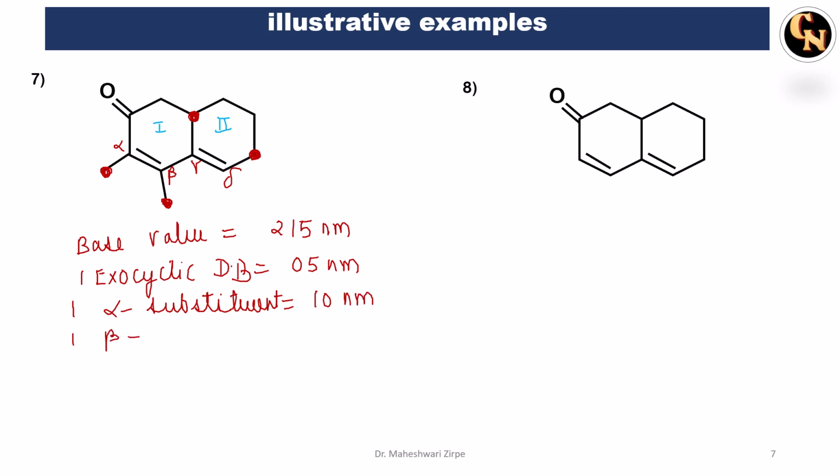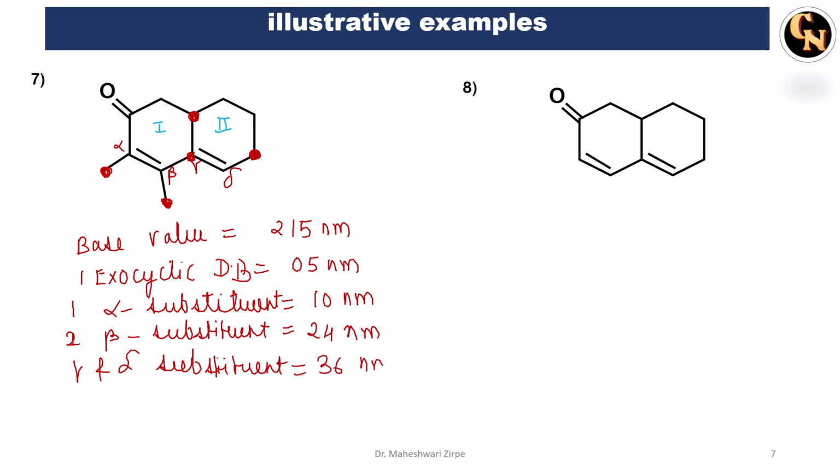One beta substituent? No, for beta if you see, there are actually two. So there are two beta substituents, that means 12 into 2 is 24 nanometers. Then what else? Gamma and delta we have one each, so we can add 18 into 2, that is 36 nanometers.